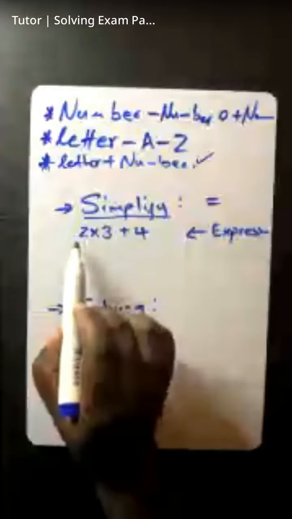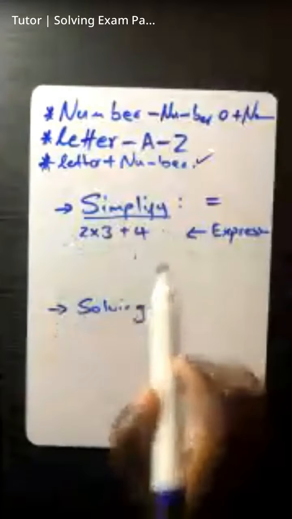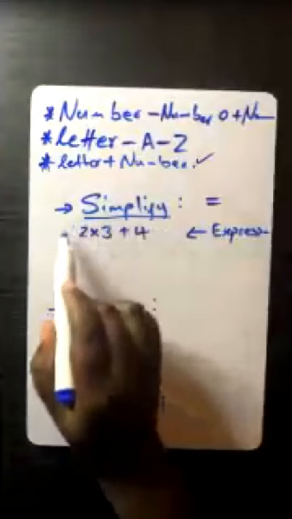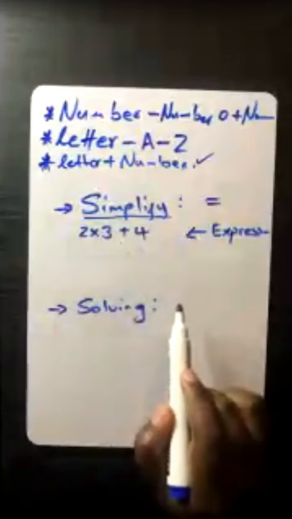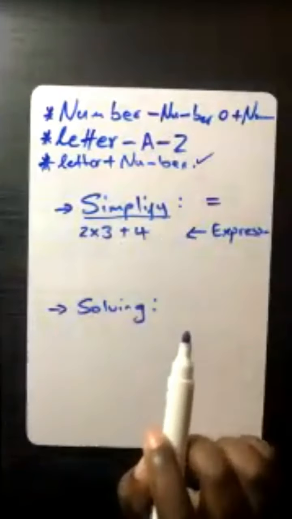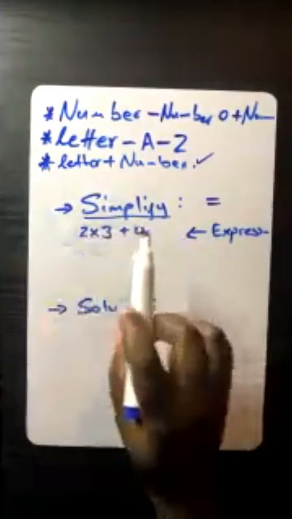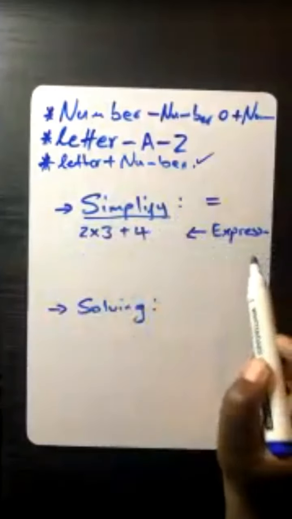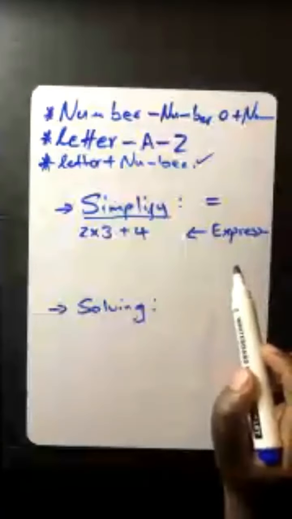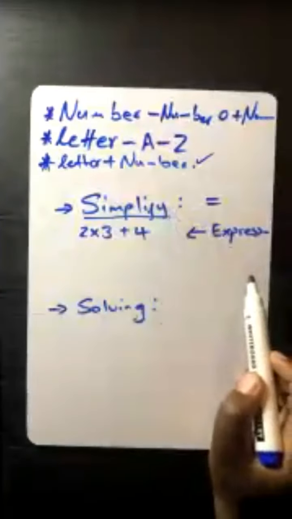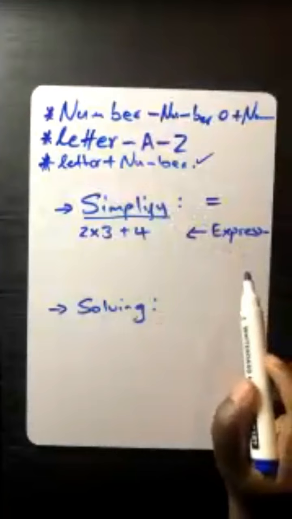For an expression like this one, you just ask yourself, do you see an equal sign over there? The answer is no. Since you do not see an equal sign, it means it's an expression. If it's an expression, what do you do? You simplify. When you simplify, what exactly are you doing?